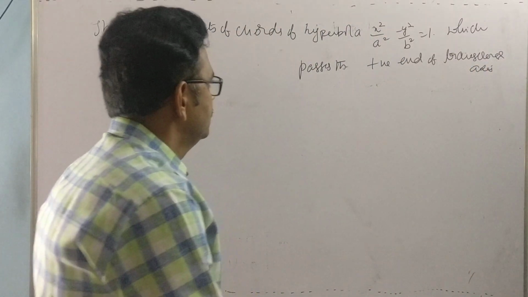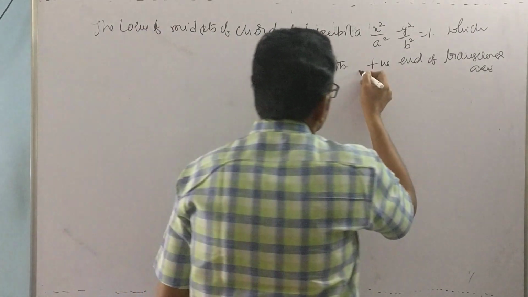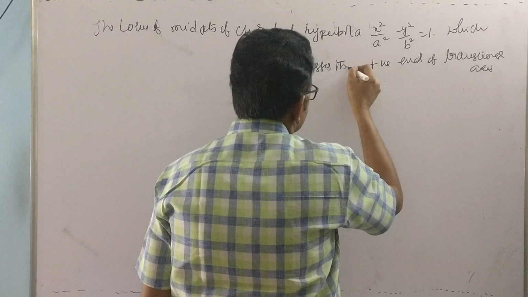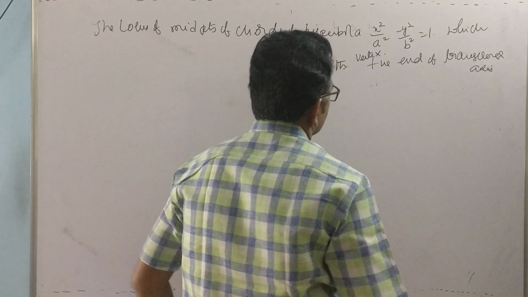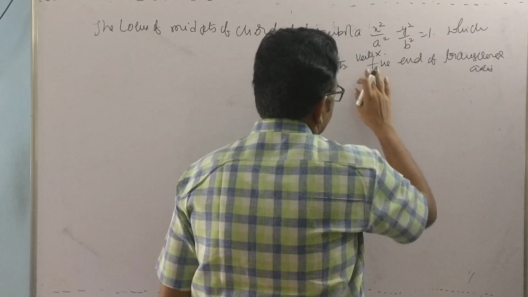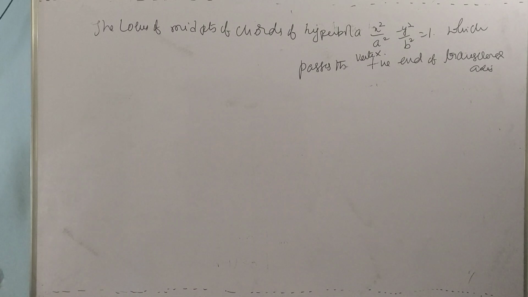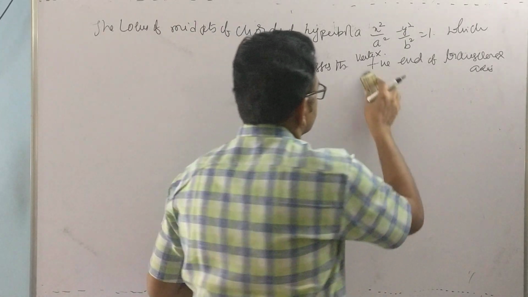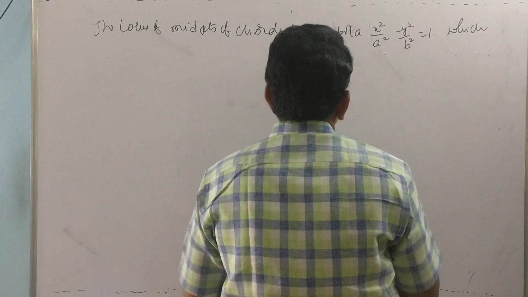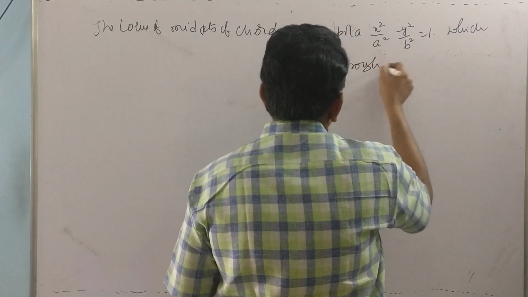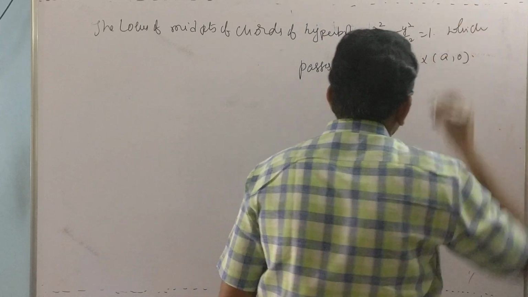Which passes through the vertex, that is (a, 0).